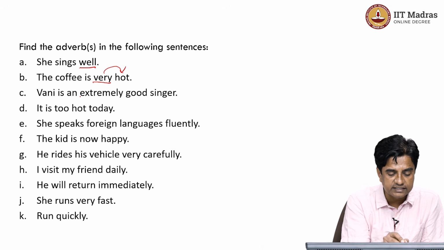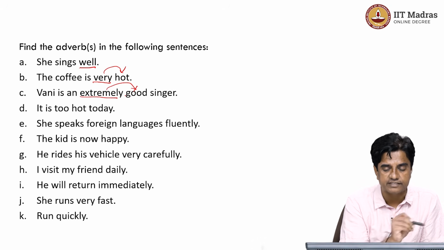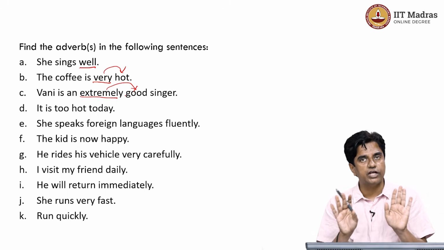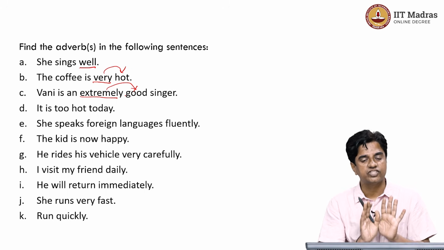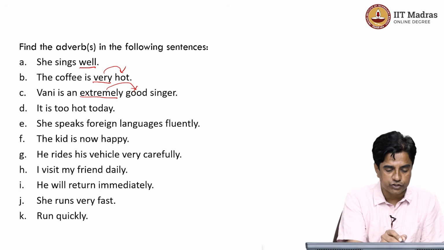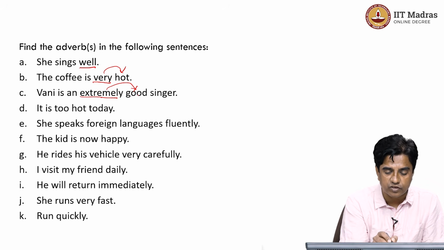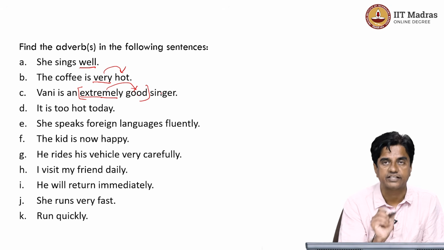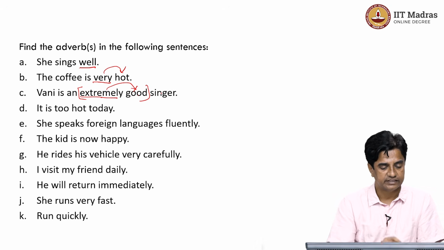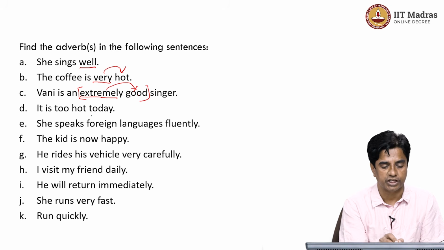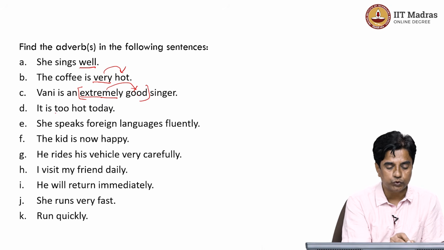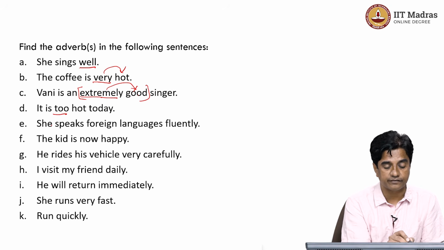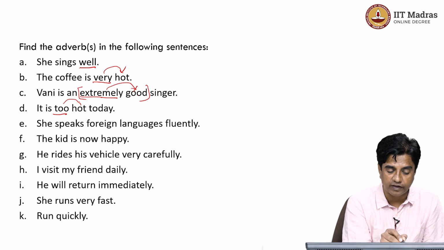This word extremely is modifying the adjective good. So she's not an ordinary good singer, she's an extremely good singer. And together, this is an adverb for this adjective, but together they still remain an adjective for this noun singer. It is too hot today. Too is an adverb which is modifying this hot.